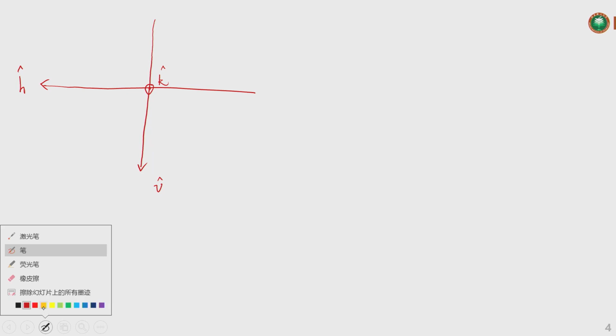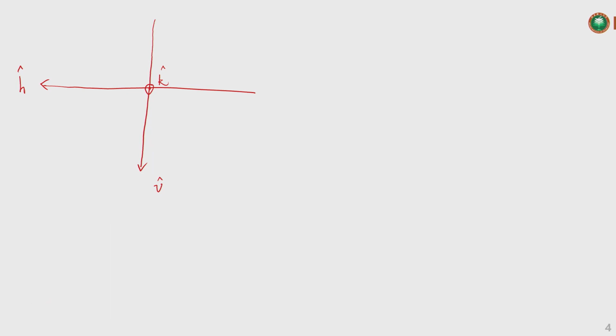And this is V, this is H, the unit vectors. The tips of the electric field trace out an ellipse along this direction.